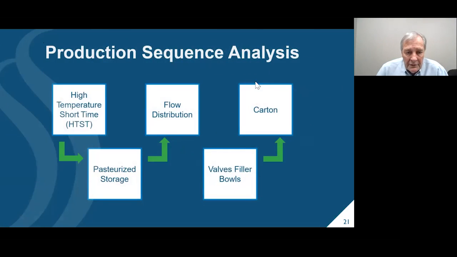A little bit about how we can do process sequence analysis. I think on this chart, the two most important places to sample are off the high temperature short time and to evaluate our cartons. However, product storage tanks can also be a source of contamination. As you know, the storage tanks are double-walled stainless steel vessels.